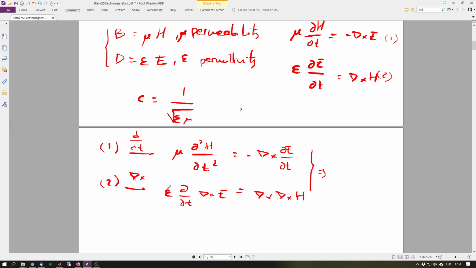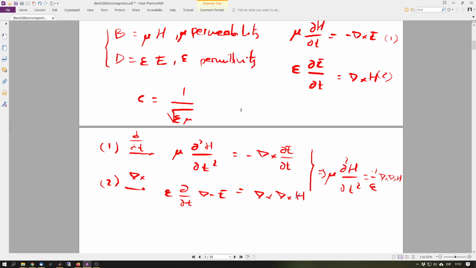So we divide by epsilon, and mu must be equal to minus this term here: minus the double rotational of H, and minus 1 over epsilon.